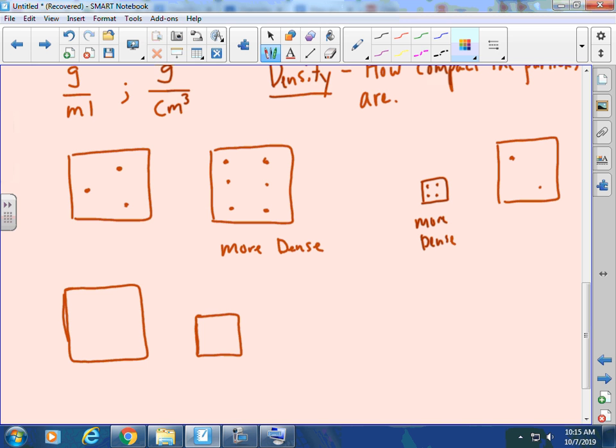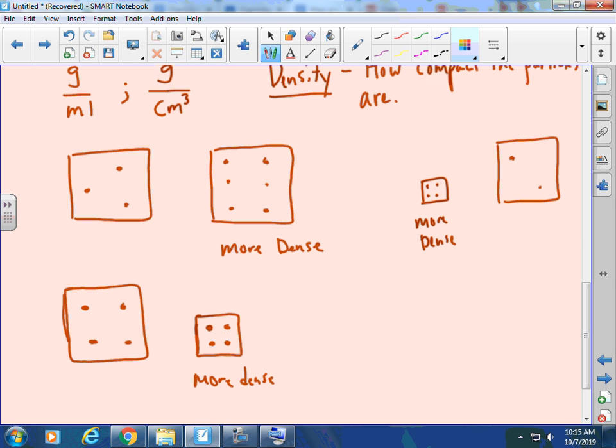Okay, so I have different volumes, different amount of space. But I put the same number of particles in each one. So this has 4, and this has 4. Which one would be more dense? The smaller one. The particles are more compact.